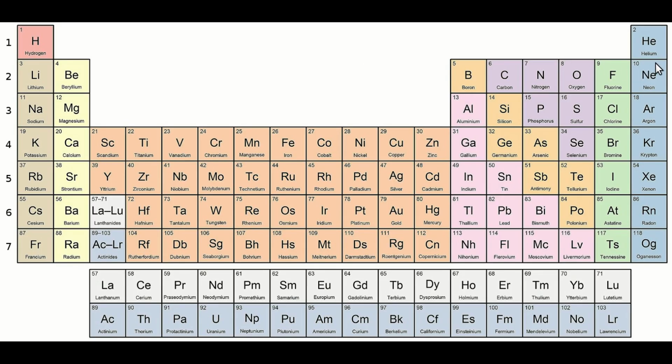So if we take the element neon, it is in the second period. Therefore, we know that a neon atom has 2 electron shells, whereas krypton, yes, there's an element called krypton, Superman would be proud, is in period 4, and therefore we know that krypton has 4 electron shells.